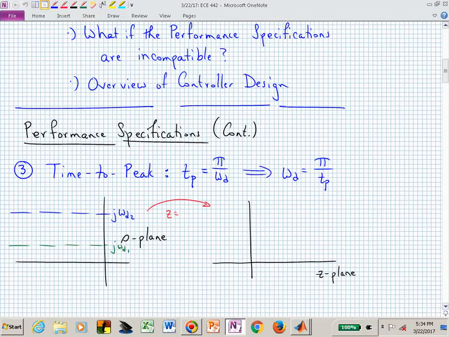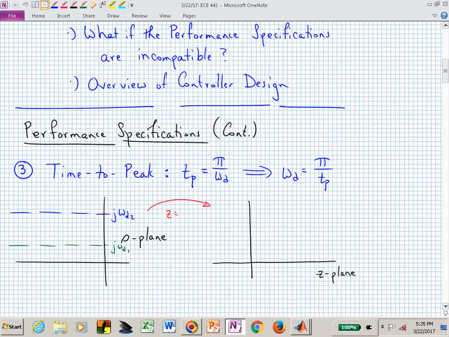And now what we want to do is look at what these time to peak lines or shapes look like in the z-plane when we map them from the s-plane, where time to peak is pi over omega sub d. Omega sub d is the distance of our poles from the horizontal real axis. And I've illustrated one in green and one in blue, and they are given by damped frequencies of omega sub d1 and omega sub d2.